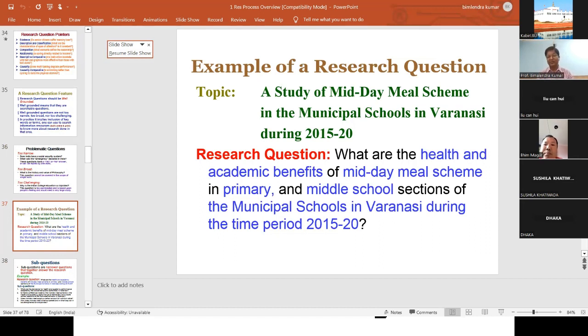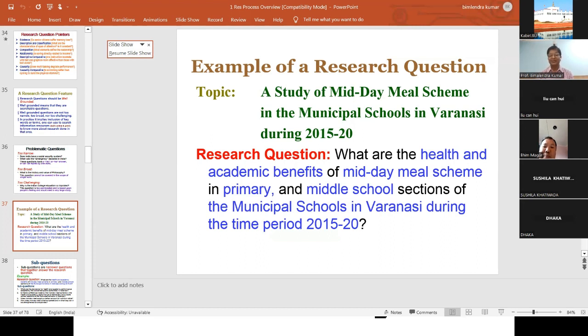There is a period in which a research scholar has to find out how the midday meal scheme in the municipal schools of Varanasi is to be analyzed. So research questions are like this.